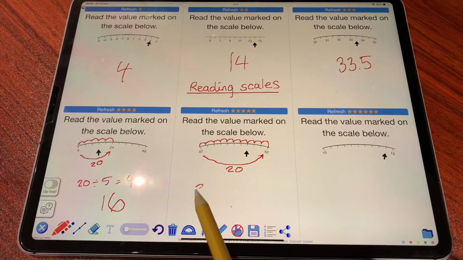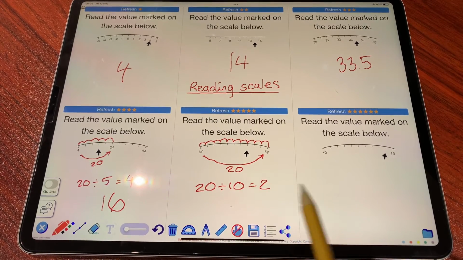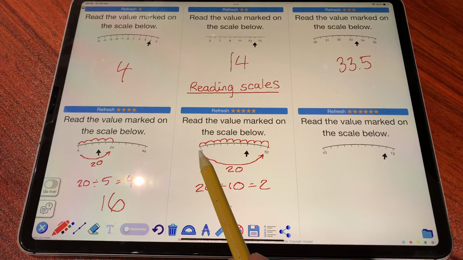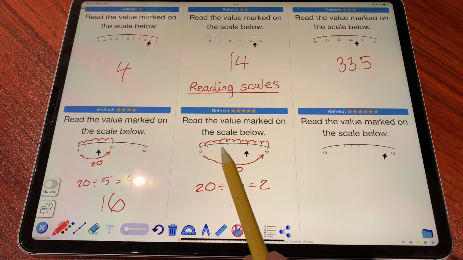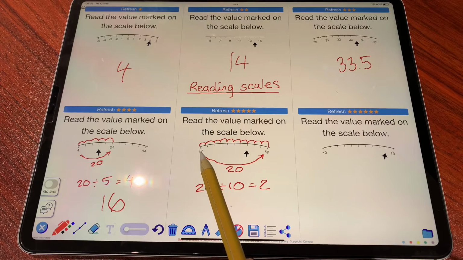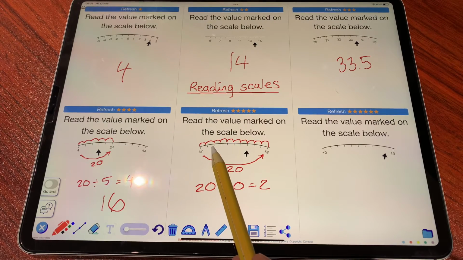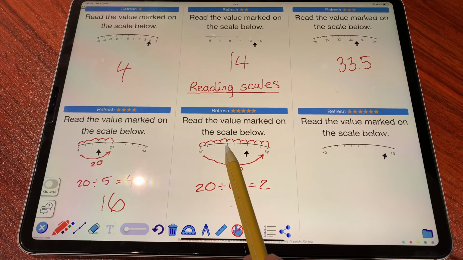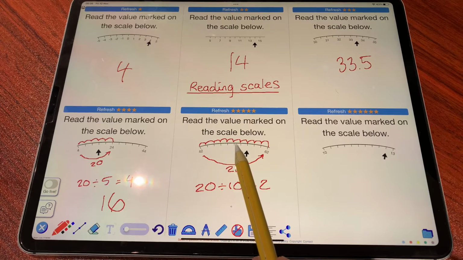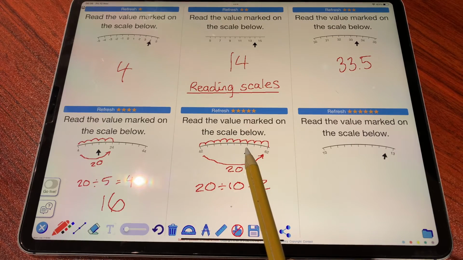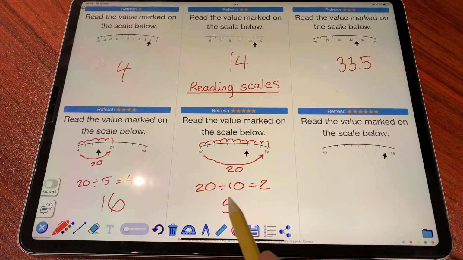So following the same process, 20 divided by 10 is 2. Each dash represents a jump of 2. So 42, 44, 46, 48, 50, 52, 54, and 56.